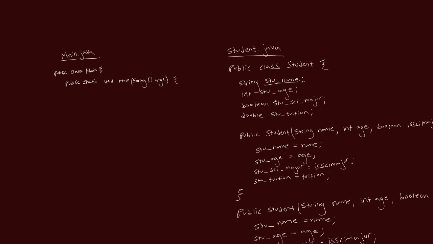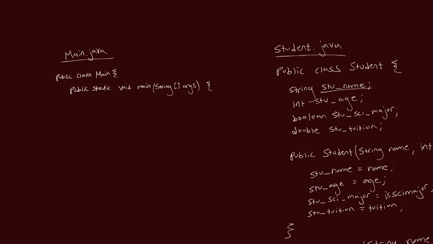Now here, let's start calling our class folder. So let's set up a portfolio for a regular student who doesn't have a scholarship. So to call this folder, we do student. Let's call this SR, student regular, is equal to new student.